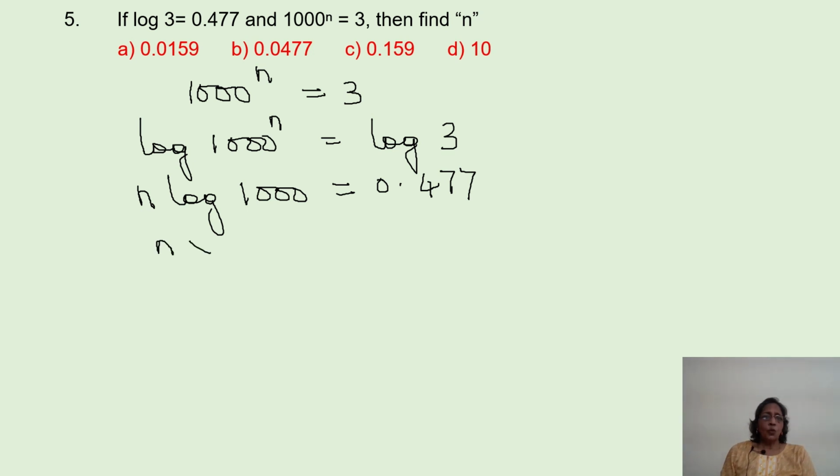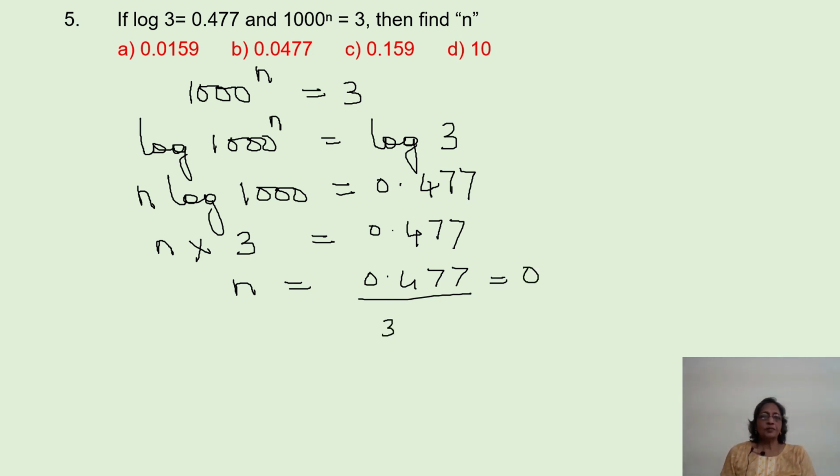We all know that log of 1000 is 3. So this is a simple linear equation that you have got, and the value of n will be 0.477 divided by 3. So in this case, it will be 0.159.